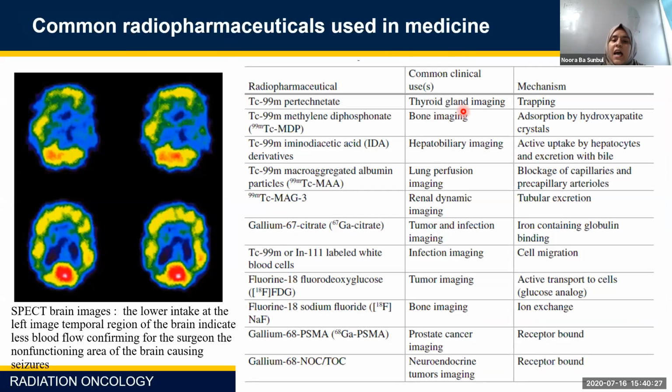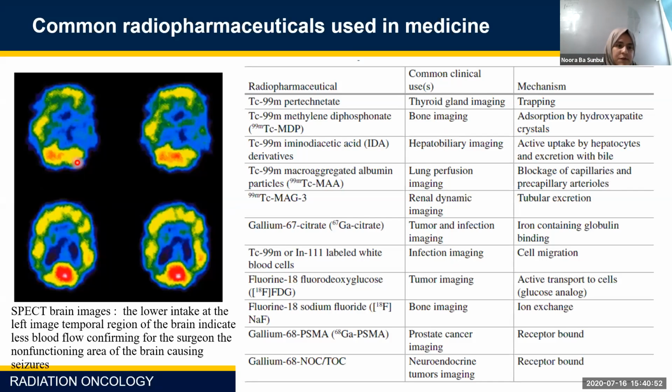And if you tag it with the MDP pharmaceutical, it would be used for bone imaging. It's the same radioisotope, but the pharmaceutical materials have a preference to be taken up by specific organs. So based on the specific organ that you intend to image, you choose your pharmaceutical material and also the isotope.